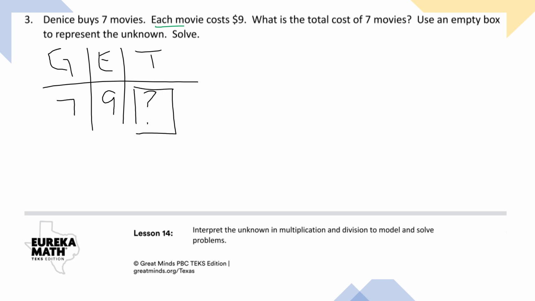Okay. So again, when we write out an equation to represent our get chart, it's G times E equals T. So G is 7 times 9 equals my unknown. So that means I'm multiplying 7 times 9.